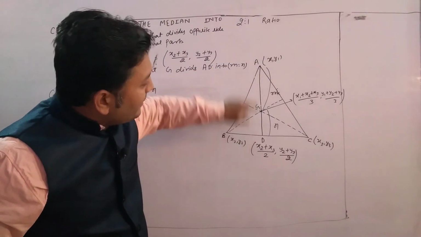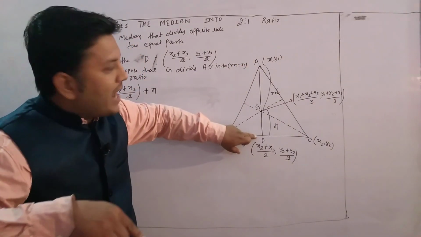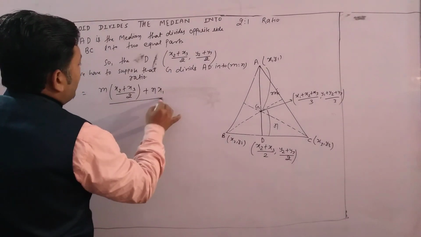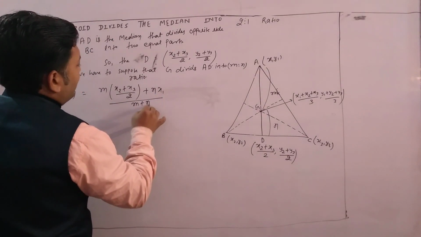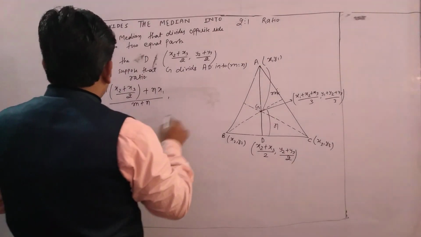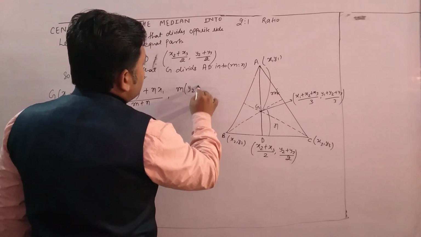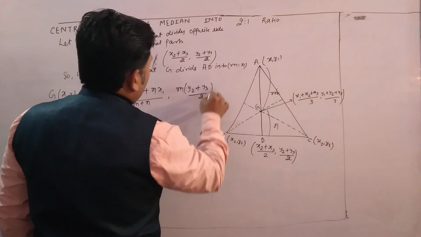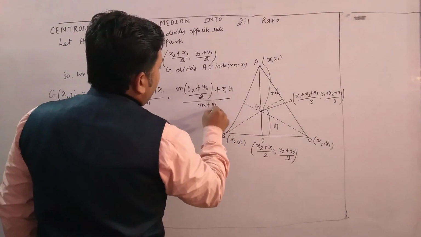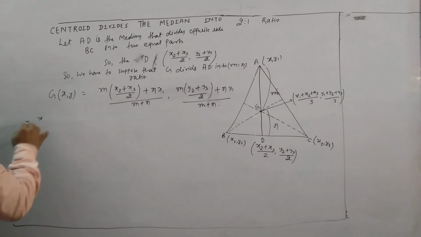Here AD is the line and A is the first point and D is the second point. So coordinate of A is x1, by m plus n. That's the section formula. And my2 plus y3 by 2 plus ny1 by m plus n. That's the y coordinate.